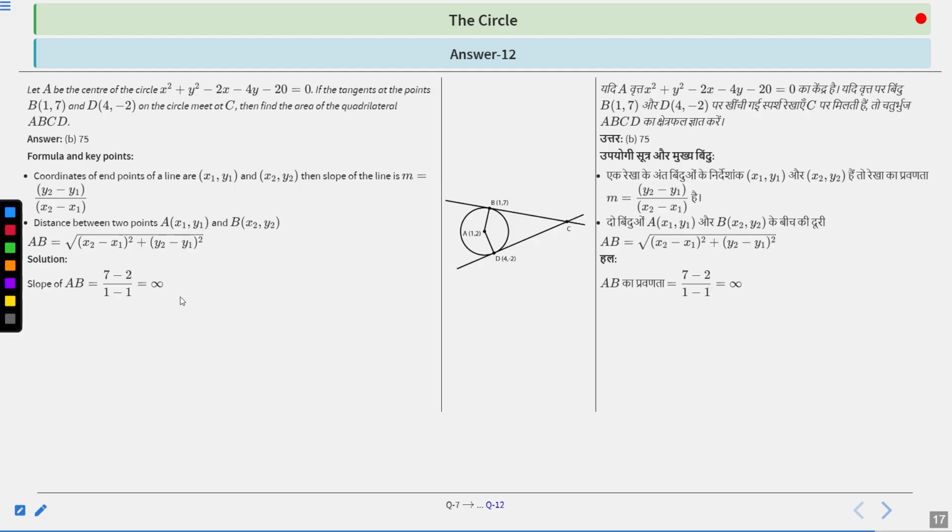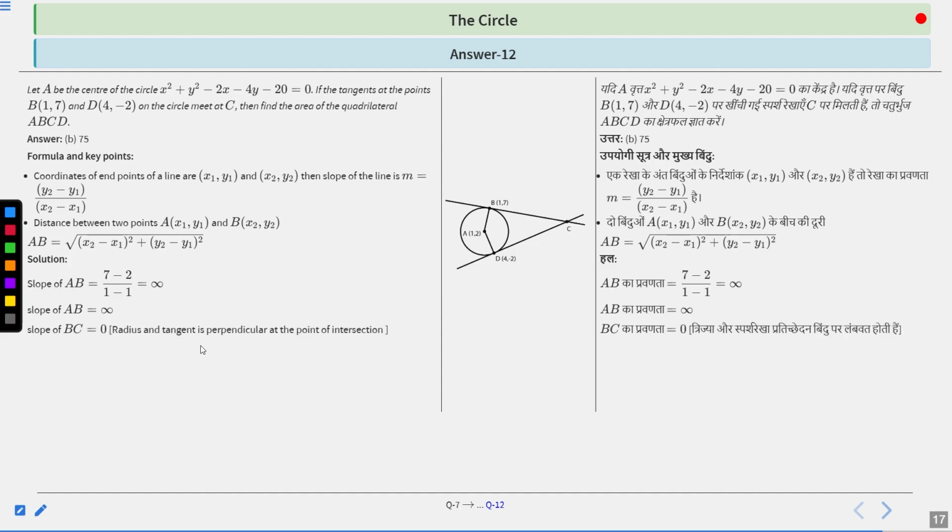The slope of AB will be 7 minus 2 upon 1 minus 1, which is infinity. Clear? Therefore, slope of AB is infinity. Now the slope of BC.